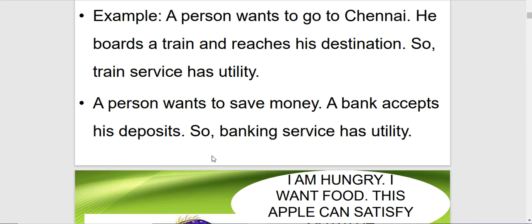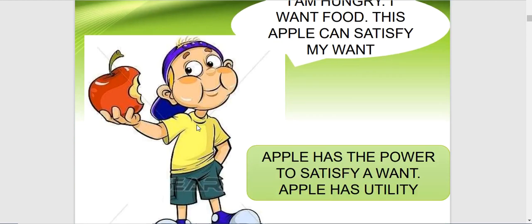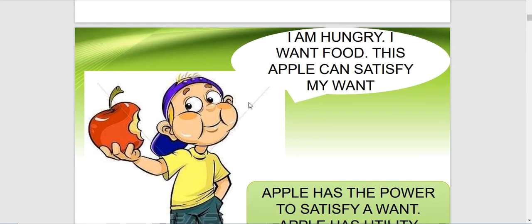Every person has a large number of wants, but he cannot satisfy all his wants in one go. He has to decide how to use his limited resources in order to satisfy his maximum wants. For example, in this picture, the person is saying that I am hungry. I want food. This apple can satisfy my want.